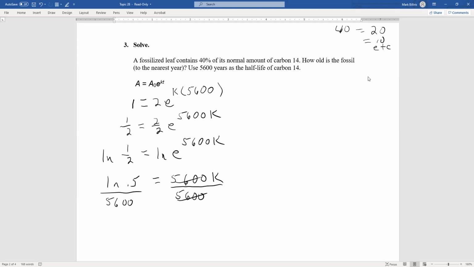Now on my calculator, I'm going to enter the natural log of 0.5 over 5,600. Your calculator is going to give you something like this, negative 1.23776282, then e to the negative 4th.